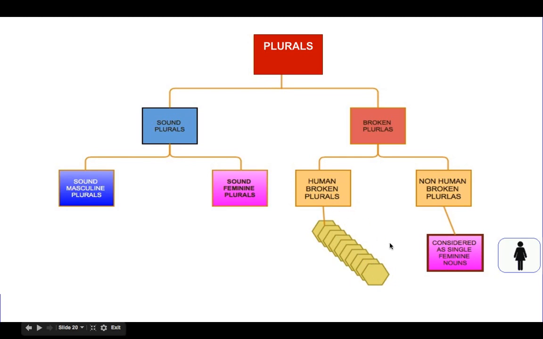In non-human broken plurals, even though they come in different patterns, they are considered as a single female. So just remember that non-human or jam' ghayr aqil is kullu jam'in mu'annath.